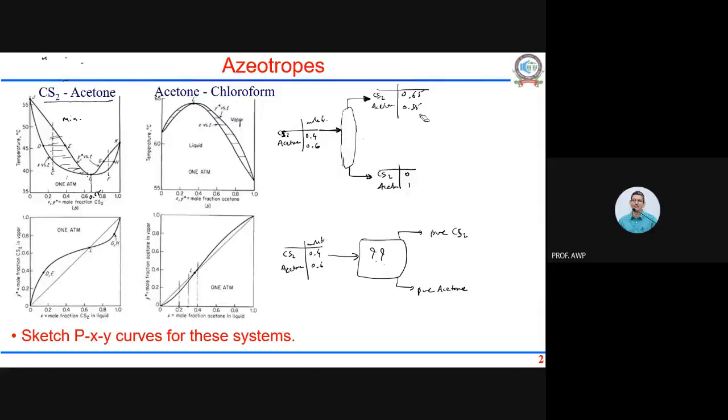Same column or another column? I think another column. Amardeep, what were you trying to say? I was saying the same thing, to remove the azeotropic point. Remove azeotropic point means what?